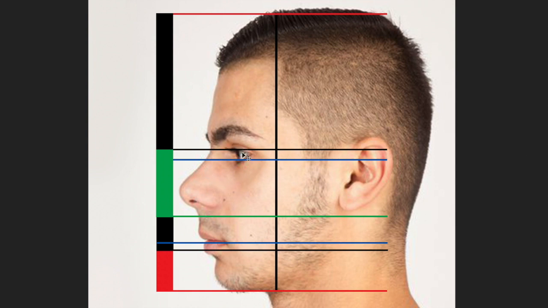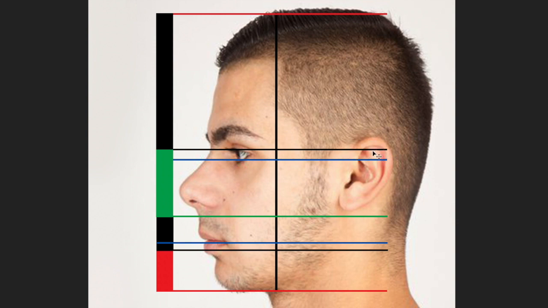So comparing to the other person, this guy's eyes are a little bit higher, but still the top of the eyes are close to that halfway point, right? His nose is a little bit higher than halfway, quite a bit higher than halfway. And his mouth is just about the same place where the other person's mouth was. And we can see that it's a little bit above halfway.